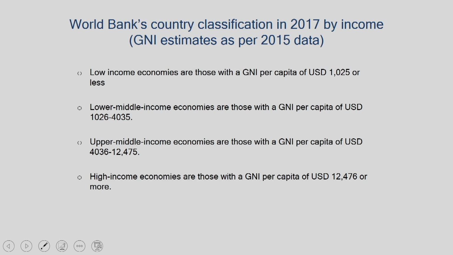This is going by the 2015 estimates. The lower middle income economies are those with a GNI per capita of USD 1026 to 4035. Upper middle income economies are those with a GNI per capita of USD 4036 to 12475. And high income economies are those with a GNI per capita of USD 12,476 or more.